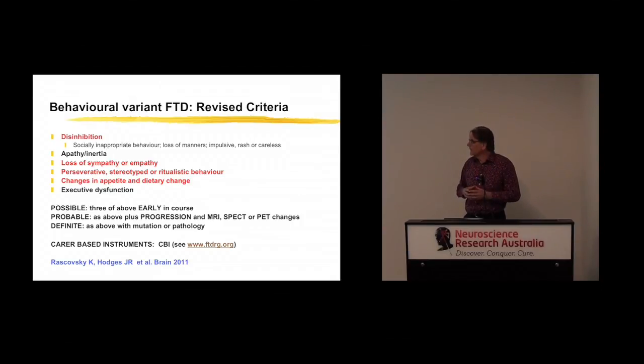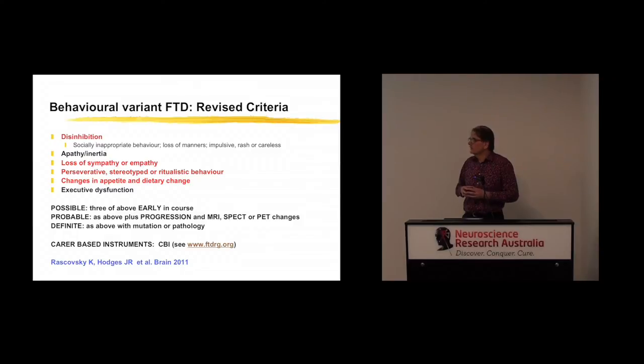And there are a number of symptoms of this which have been refined in the last few years, and we've been part of the international consensus on criteria for FTD. And there are a number of symptoms, but the key ones are disinhibited and socially inappropriate behaviour, losing regard for the normal social rules of society, becoming impulsive, rash, careless.